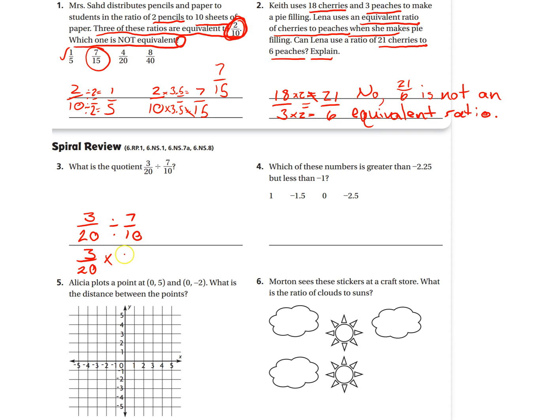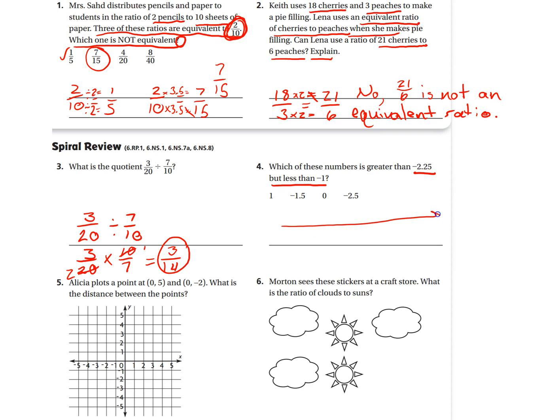And I use the reciprocal of 7/10, which is 10/7. Reciprocal just means I flip it. 10 goes into 10 one time, 10 goes into 20 two times. 3 times 1 is 3, 2 times 7 is 14. So there's my answer, 3/14.